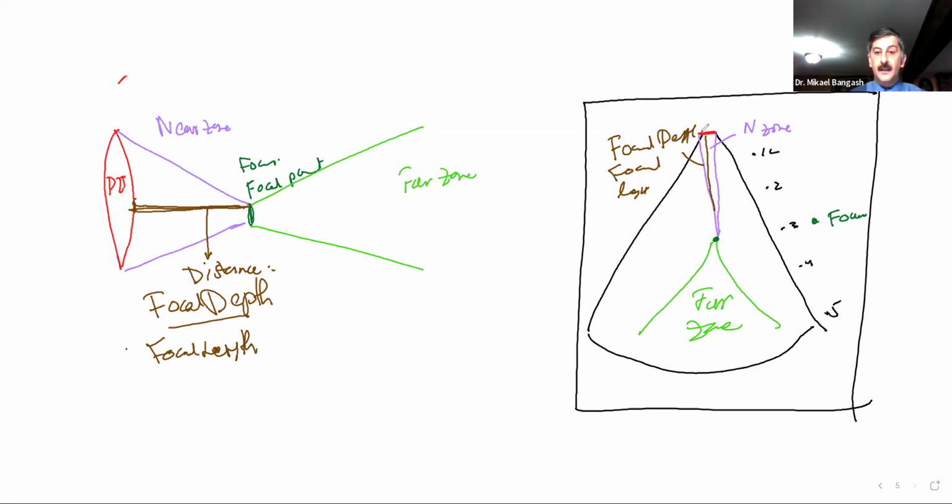But you can say the depth at which it focuses, which we measure from your transducer, this distance here, is going to be called the focal depth or focal length. Did that make any sense?